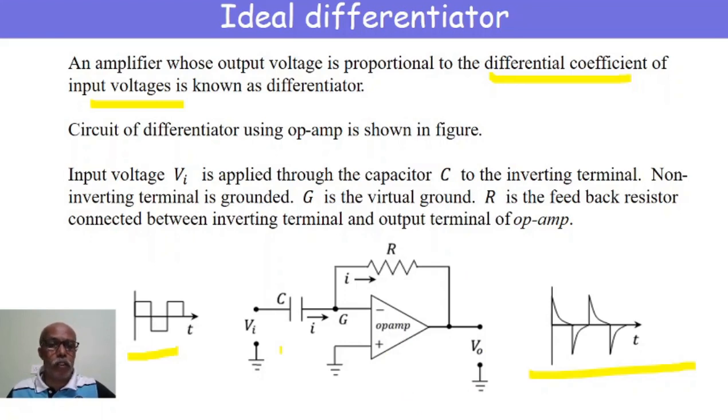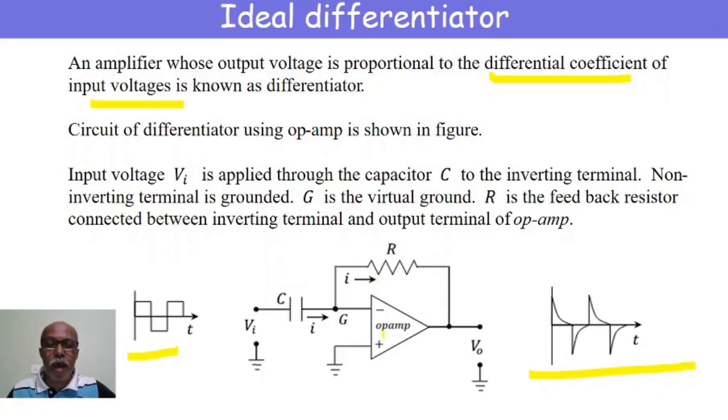In this circuit, Vi represents the input voltage, which is applied through the capacitor to the inverting input terminal, whereas the non-inverting terminal is grounded, and point G in the circuit diagram is called virtual ground. The feedback resistor R is connected from the output to virtual ground.